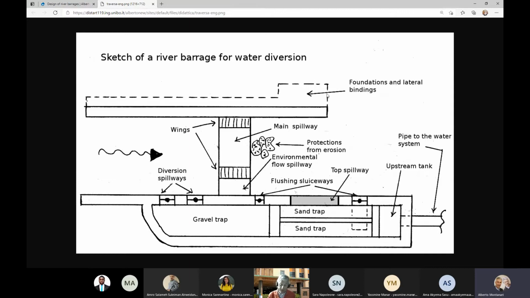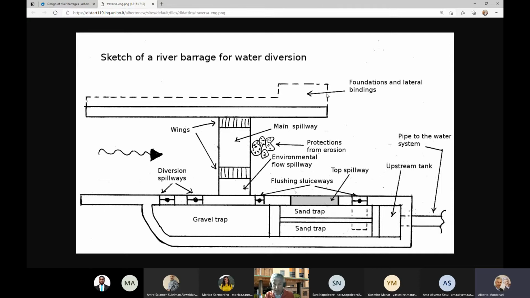High velocity means erosion in an open channel, and therefore high maintenance expenses. High velocity also means a potentially risky situation. Can you imagine an open channel where water goes at 5 meters per second? It means that if somebody falls into it, there is no way to get out. This is one reason. You don't want high speed in an open channel.